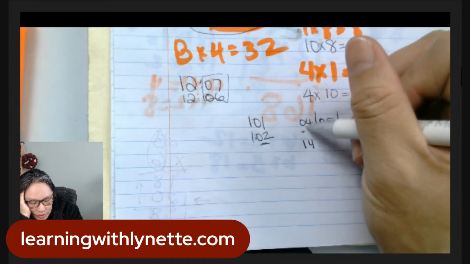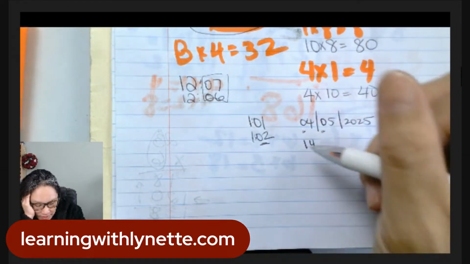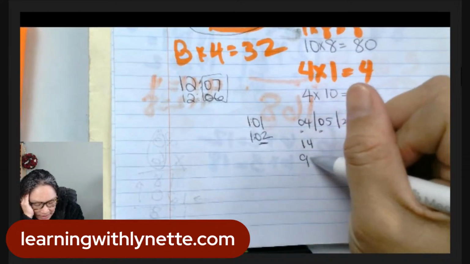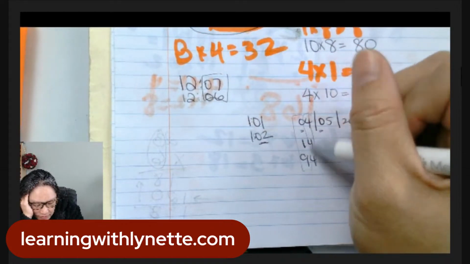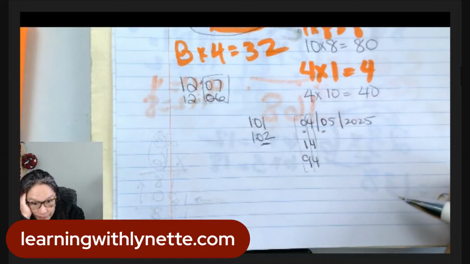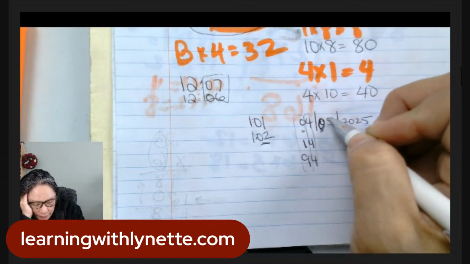So because it's two digits, you stay where you are and you work it out, right? Just like this. And if it's 94, it's still the same area. See that? If I broke it up, that's why we go back, because it's a 0 and a 5.